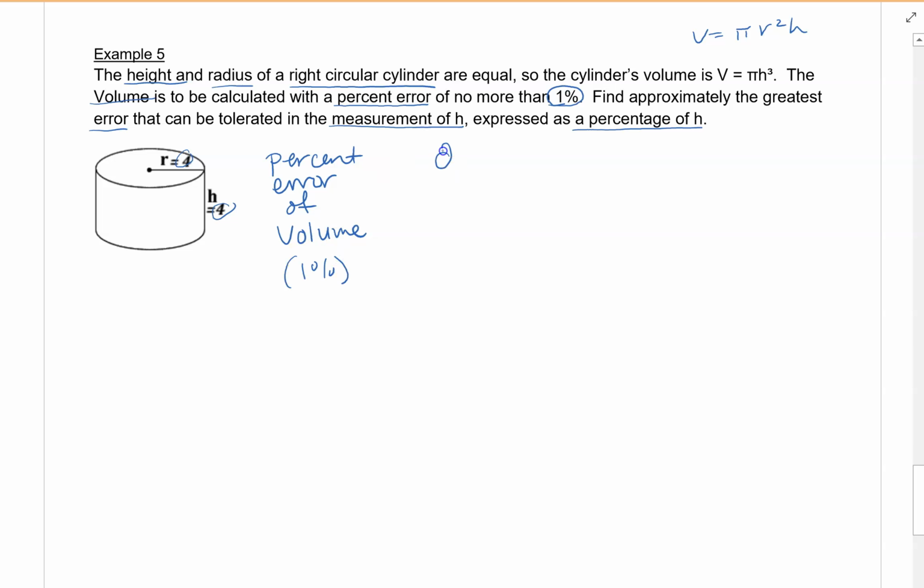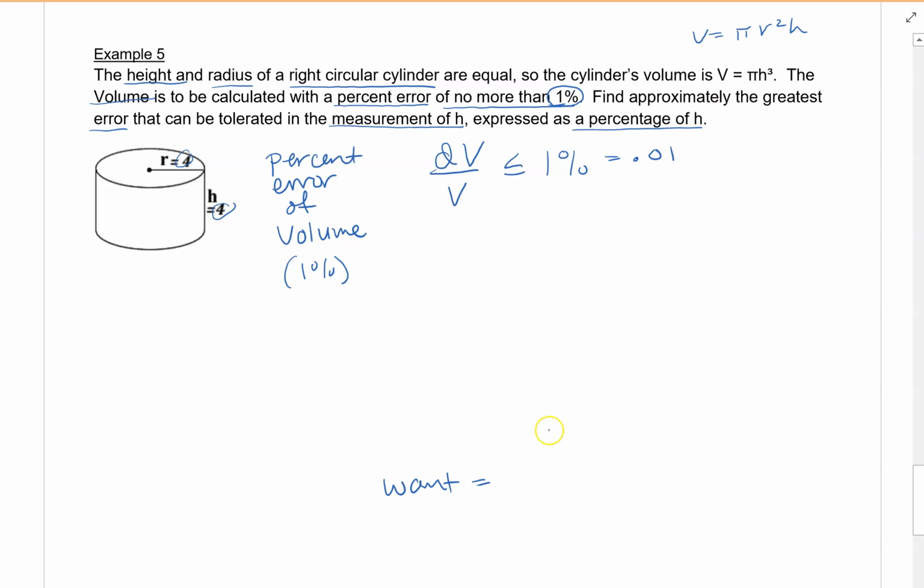So that's my dV over V, and it has to be less than or equal to 1%. It's probably better to think of that as a decimal to help us when solving, so that's 0.01.